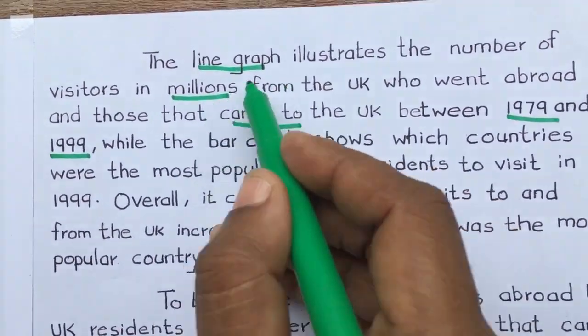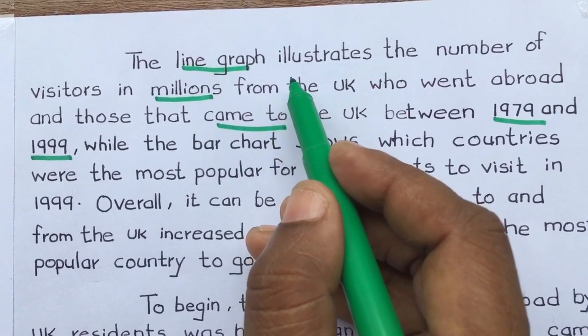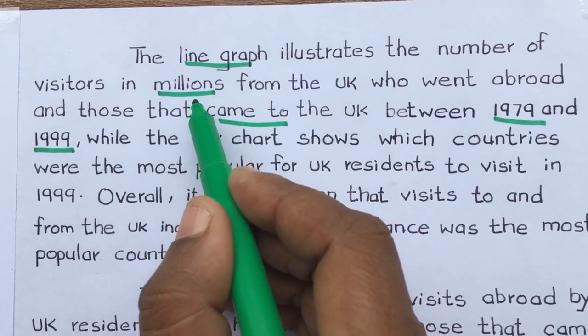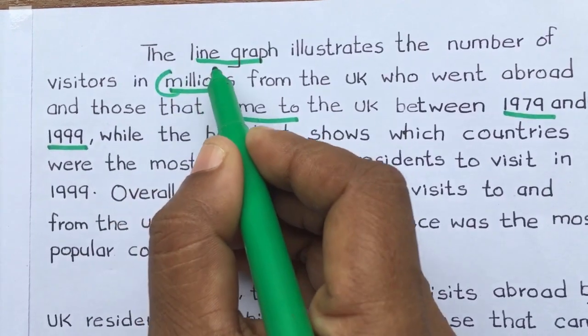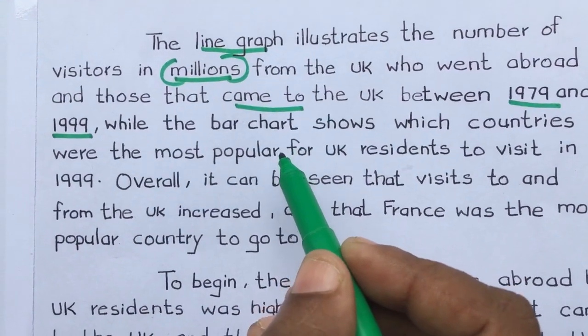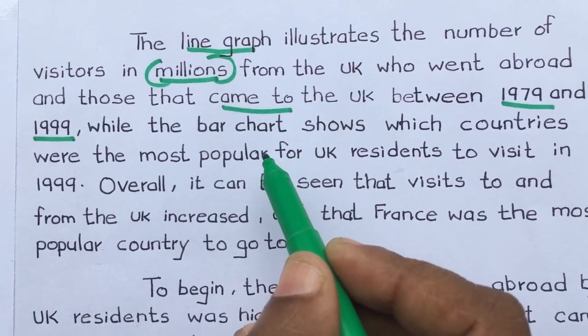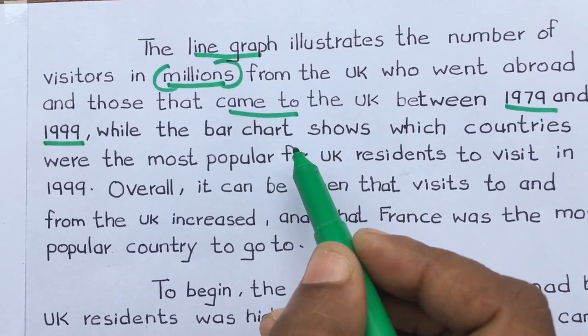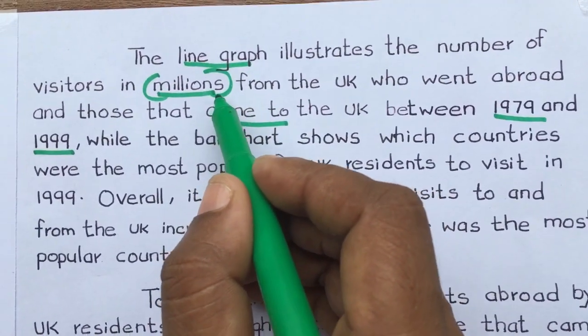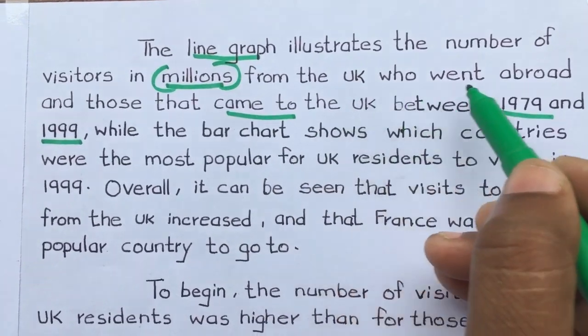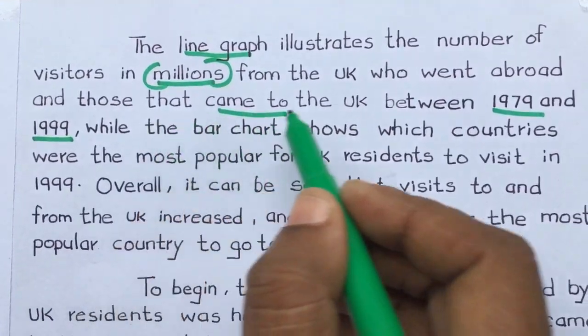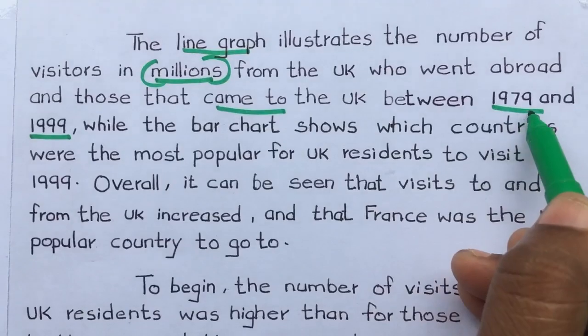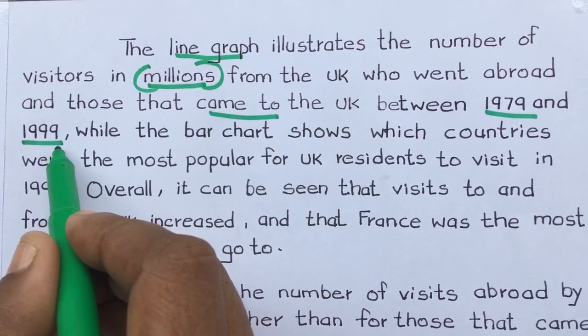Okay, see the line graph. The line graph clearly illustrates the number of visitors in millions. So you always have to mention the measurement. Whether it is thousands, lakhs, millions or billions, you just have to add it. Okay, in millions from the UK who went abroad and those that came to the UK between 1979 and 1999.